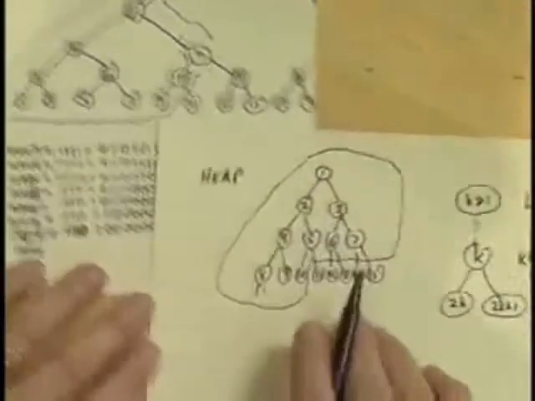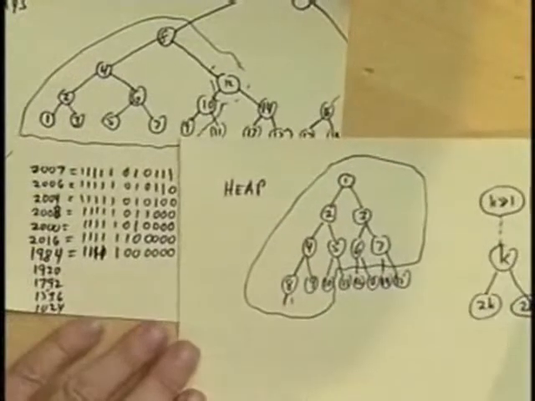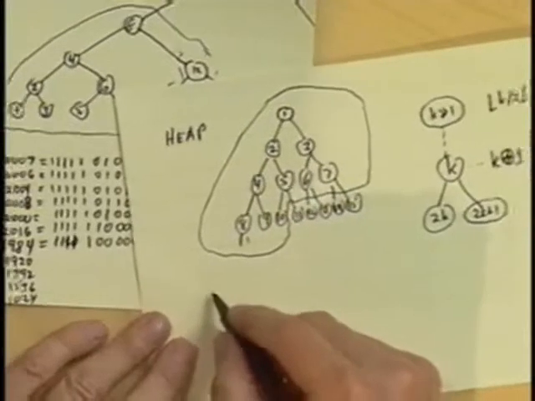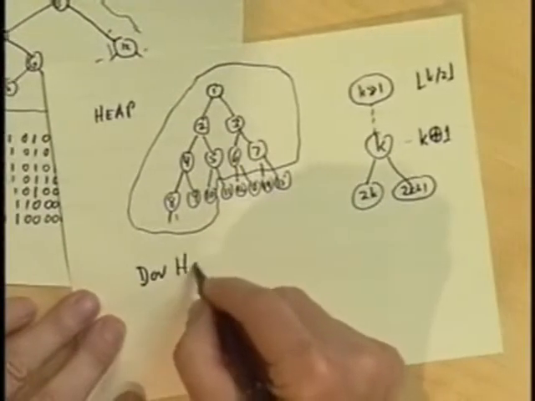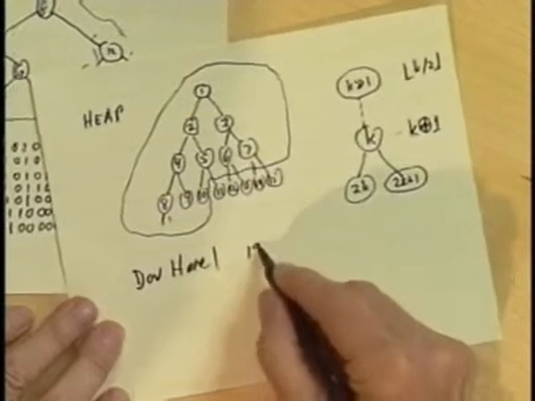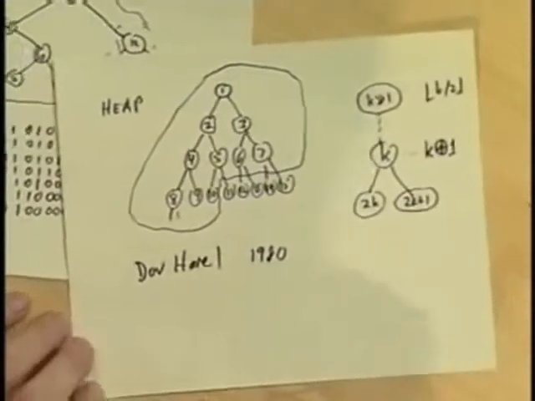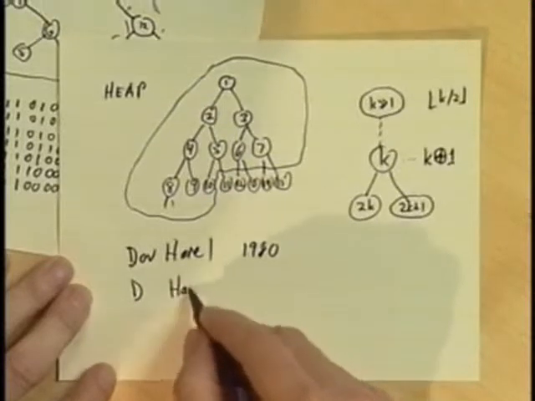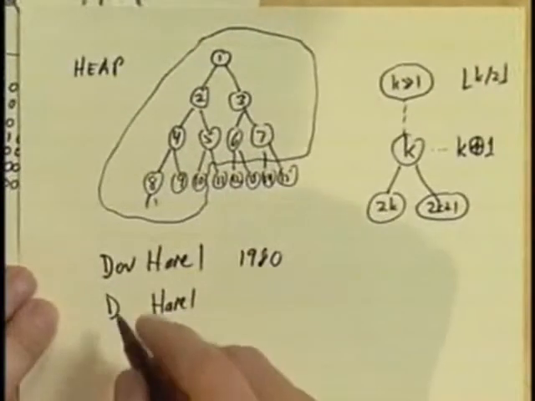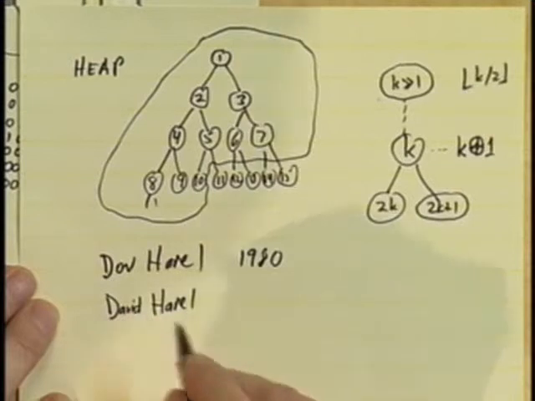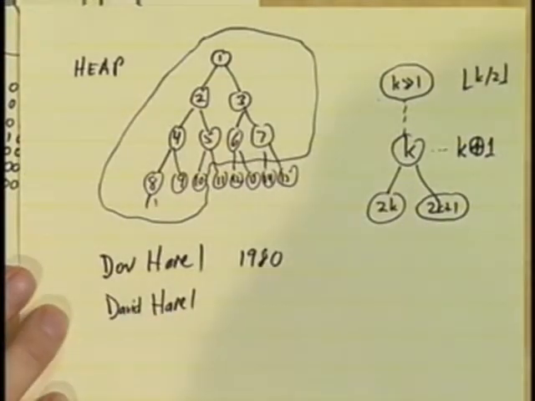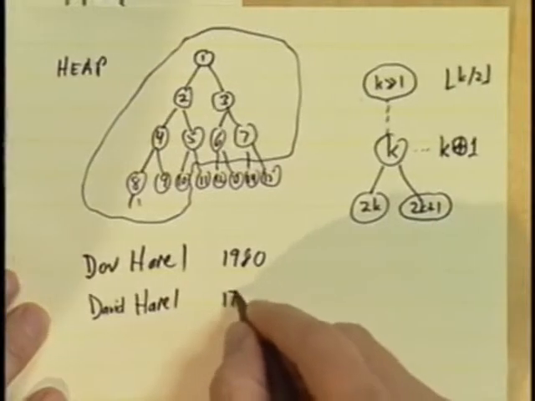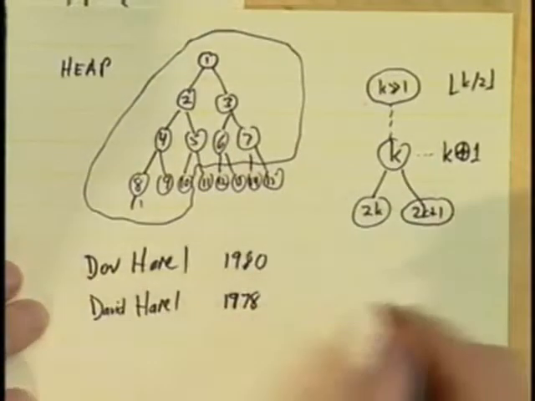Now these properties with respect to data structures were, I believe, first noticed by a man named Dov Harel in his PhD thesis, 1980. And when you see a reference to a paper by D. Harel, chances are the paper is by David Harel, because he wrote more papers, whose thesis was 1978 and had nothing to do with sideways heaps whatsoever.